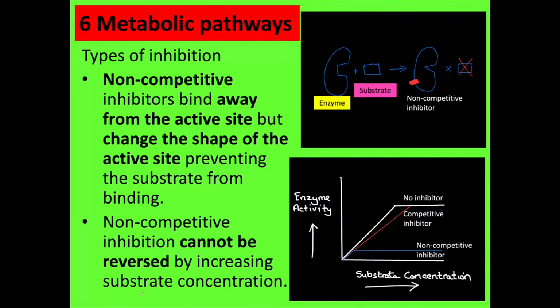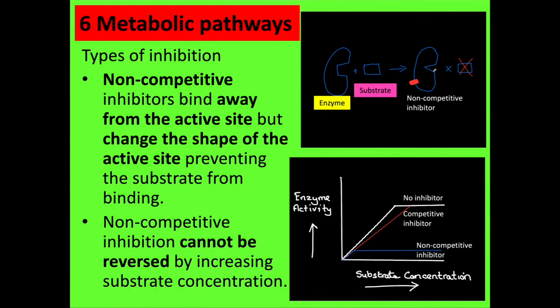The second type of inhibitor we need to know about are non-competitive inhibitors. Now, those ones are slightly different because they bind away from the active site, not on the active site. But when they do that, when they bind away from the active site, as we can see in the diagram here, the non-competitive inhibitor changes the shape of the active site, so it's a kind of square shape here initially, and it changes it to this sort of V shape.